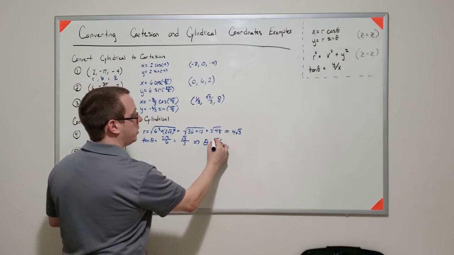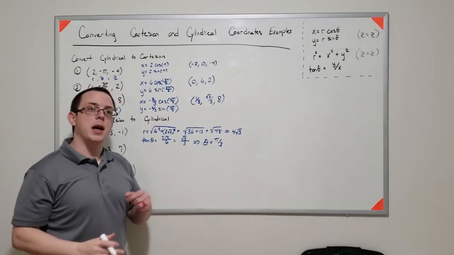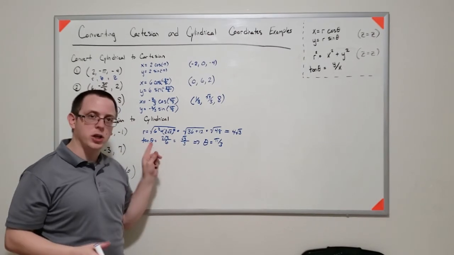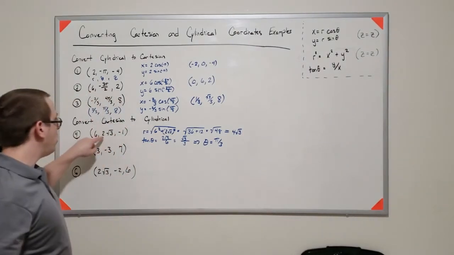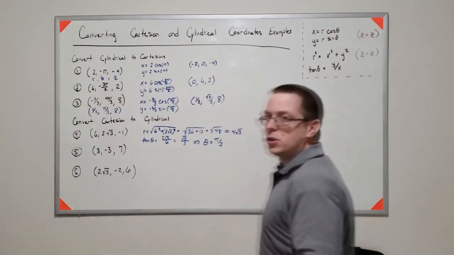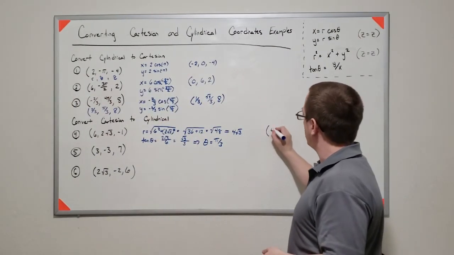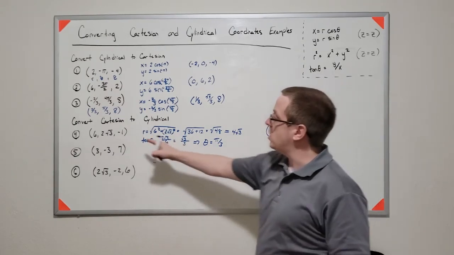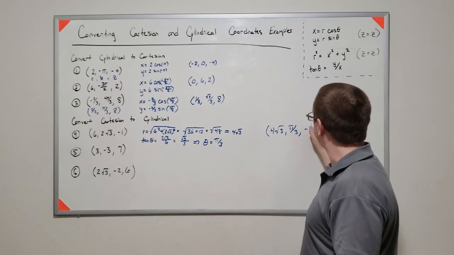Again, we know that it's pi over 3 and not 4 pi over 3, which would have the same tangent. We can tell that because we know we're in the first quadrant. So our answer to this problem is 4 square root of 3, pi over 3. And again, the z-coordinate stays the same, -1.